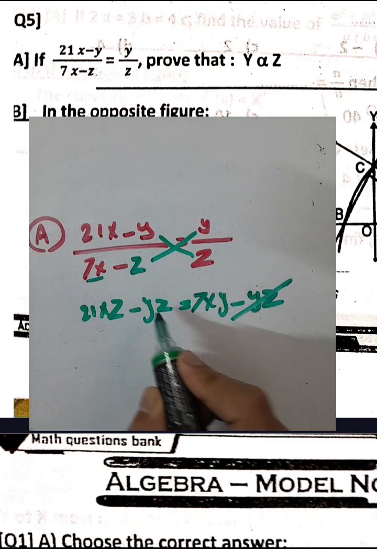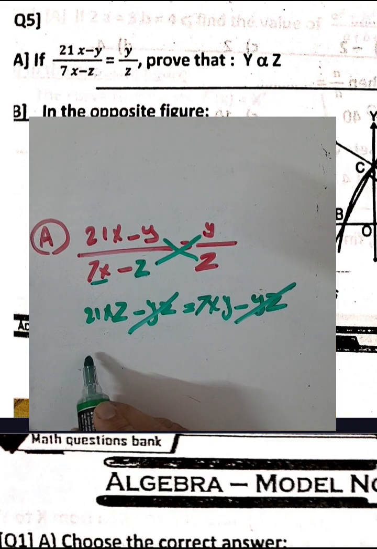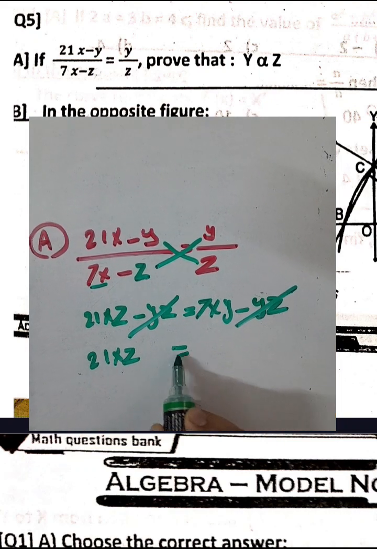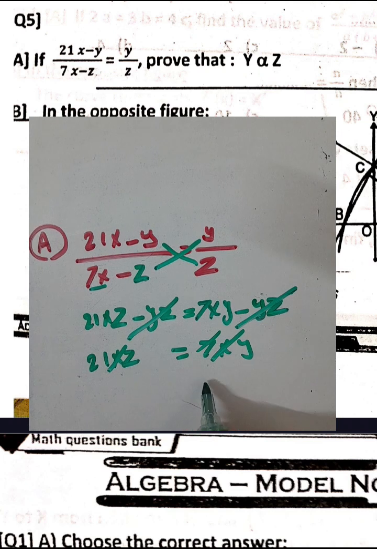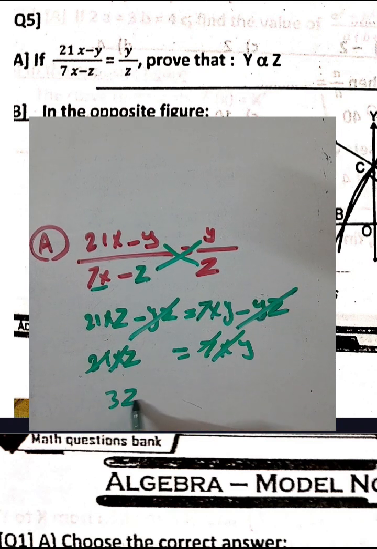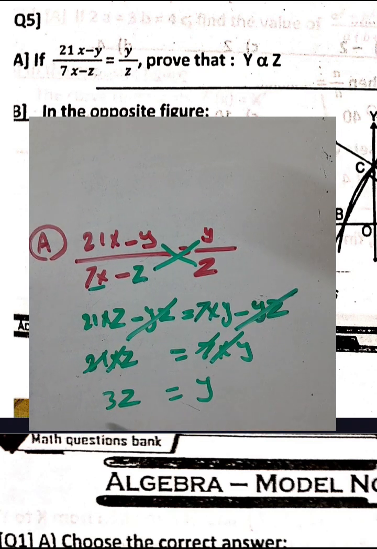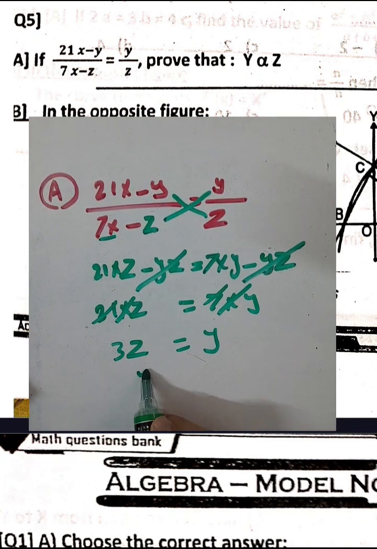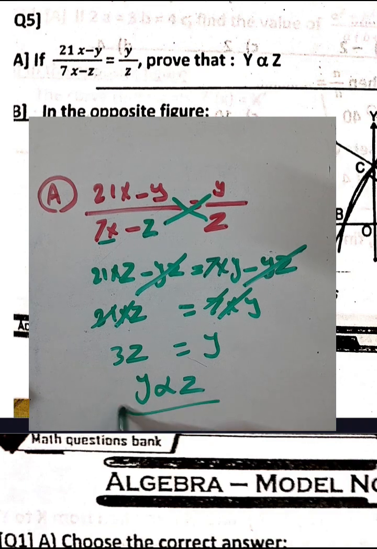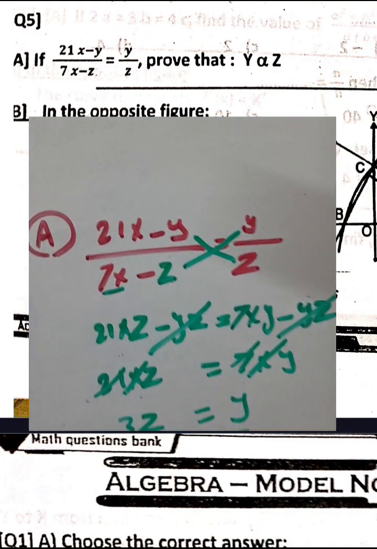You can cancel yz by yz. Then 21xz will be equal 7xy. You can cancel x by x and divide by 7. 7 divided by 7 is 1. 21 divided by 7 equals 3. Then 3z equals y. Then we have the relation between y and z.